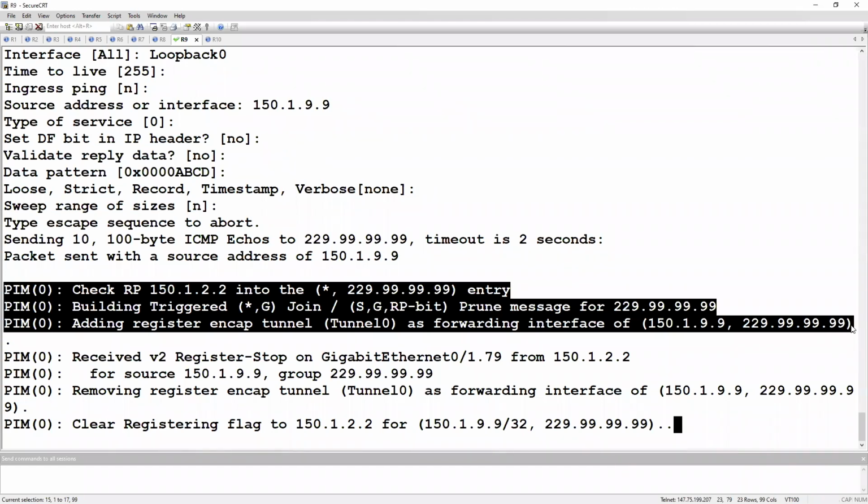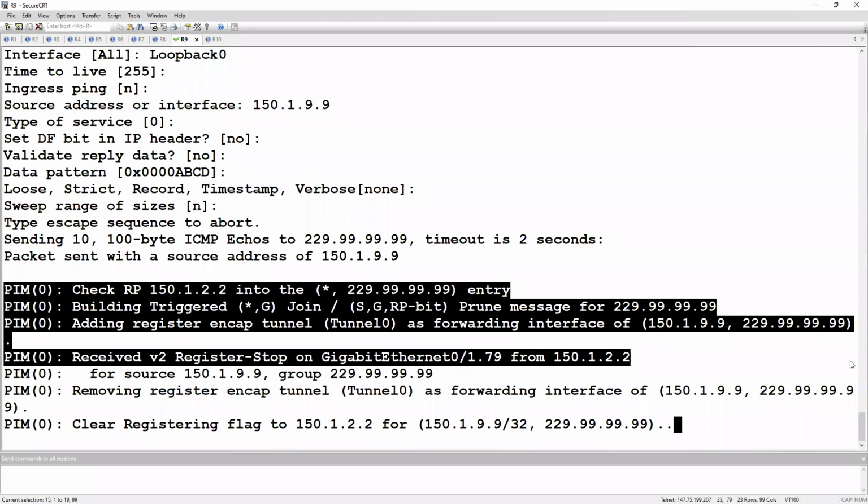So this is going to be our unicast message to the rendezvous point, telling it that there is a sender 150.1.9.9 that's sending to group 229.99.99.99. We then get the acknowledgement back in, which is the register stop from the rendezvous point. This means that the rendezvous point successfully accepts this message and installs it in the multicast routing table.